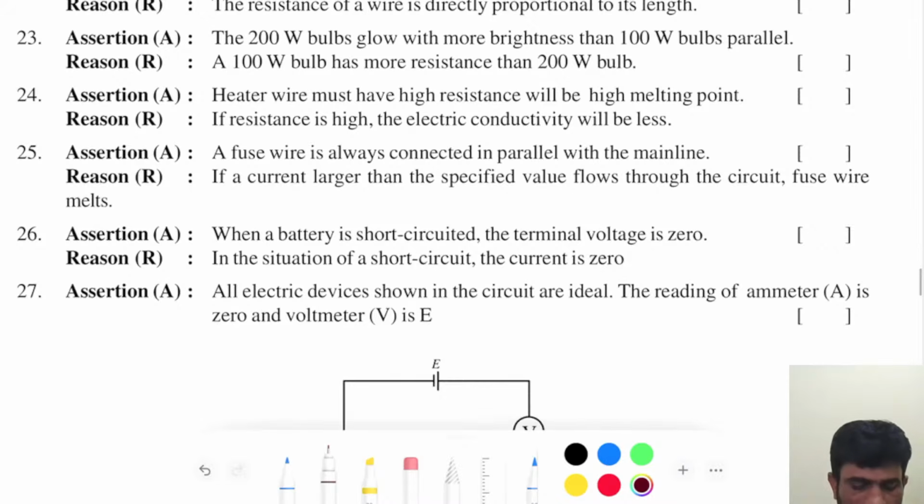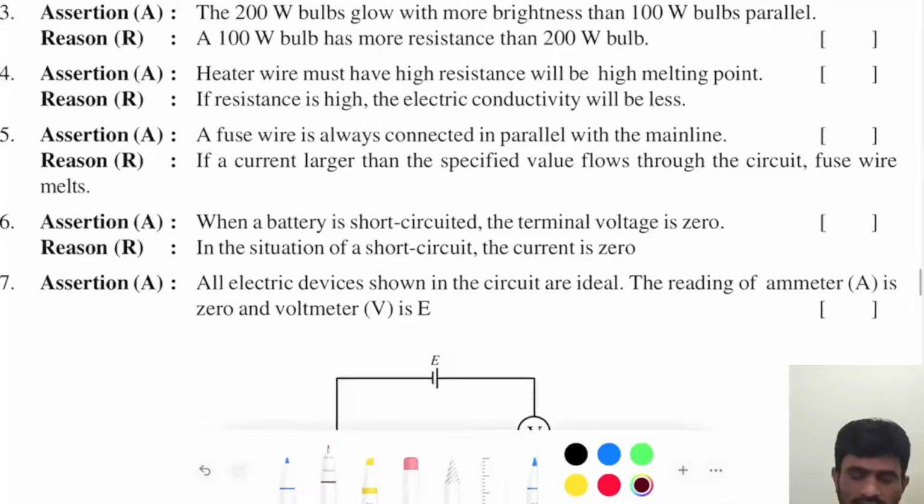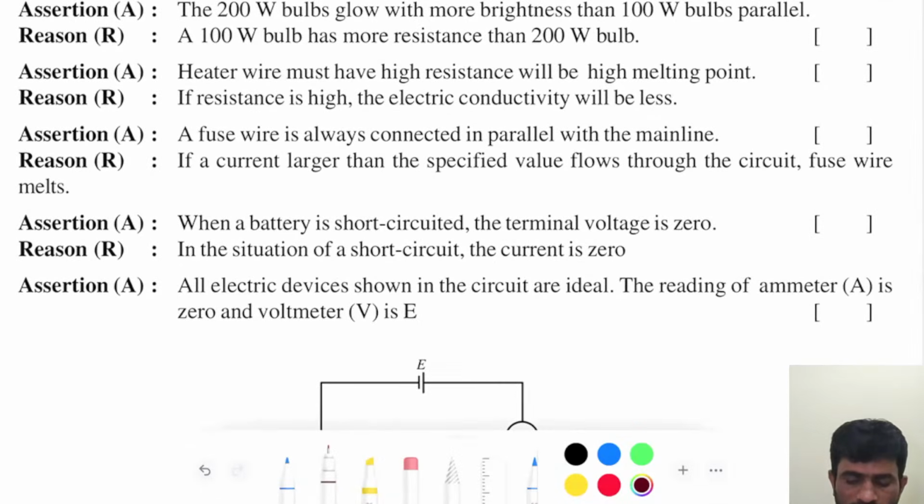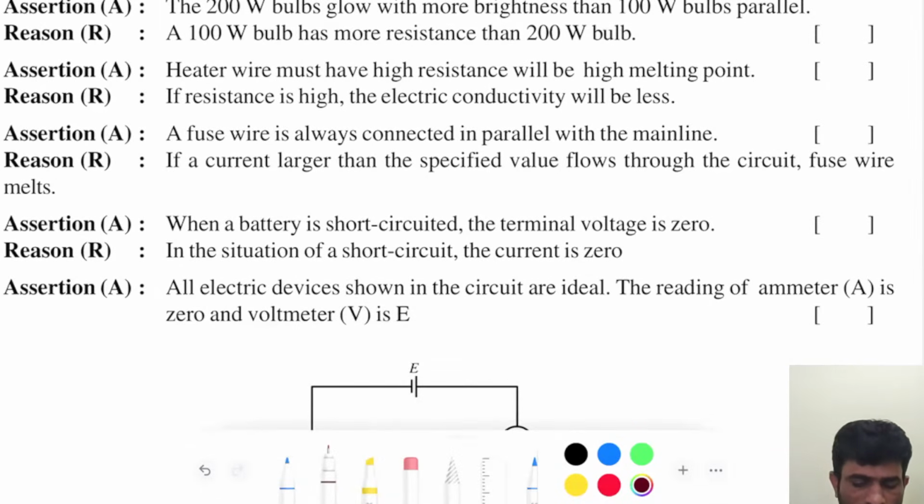Now, question number 23. A 200-watt bulb glows with more brightness than a 100-watt bulb. True. When power is more, it glows more.